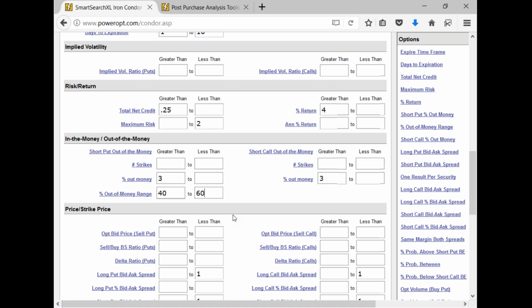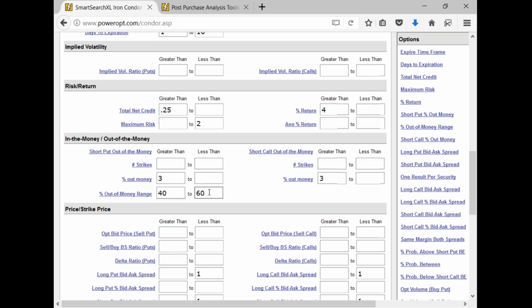If you've been tracking a stock and it's been moving up, but now you feel it's pulling back and you want to set up sort of a bearish sentiment, you'd skew this to one side. So you'd be looking for a percent out of the money range between 70 to 90. So you're right near the short call strike price, but that short put is way further out of the money because you think it's going to pull back.